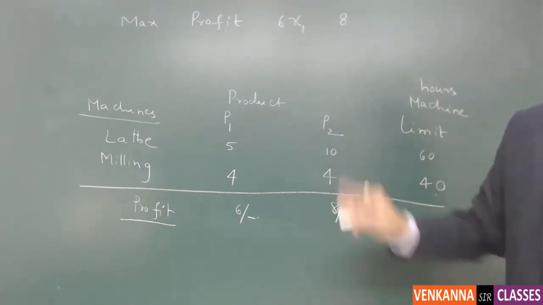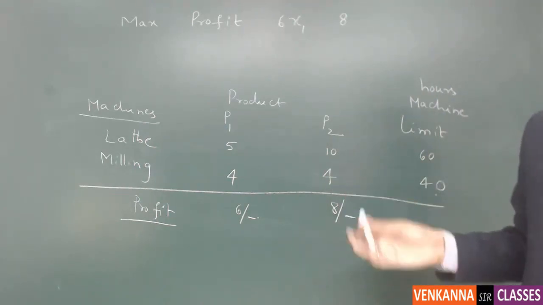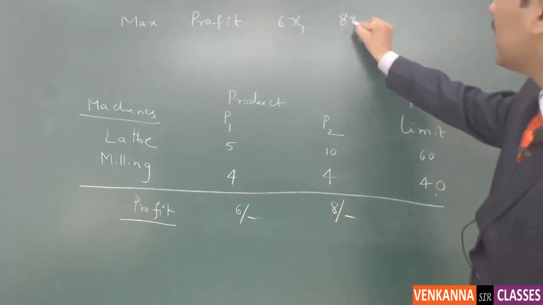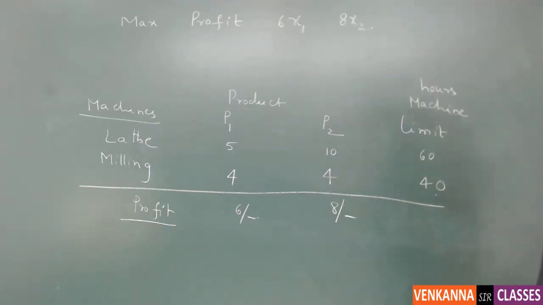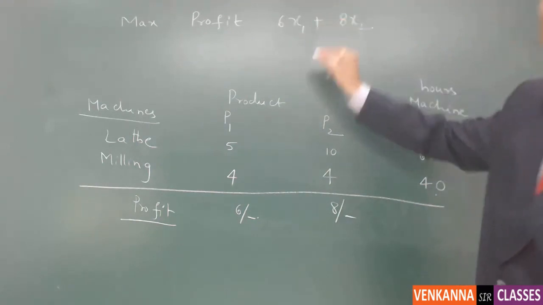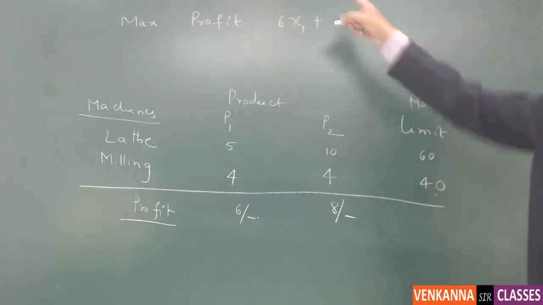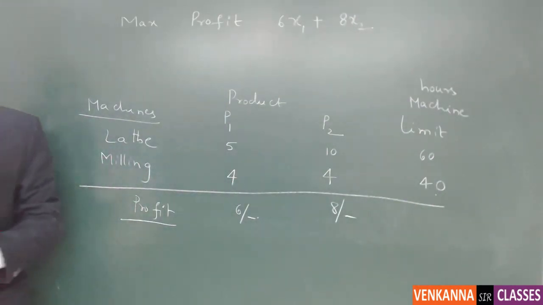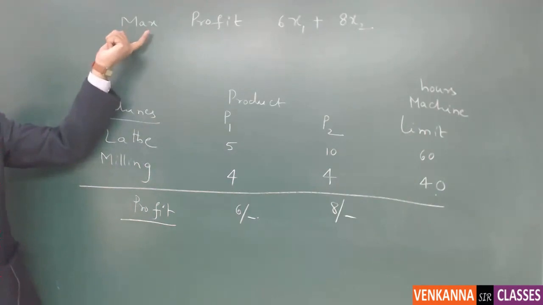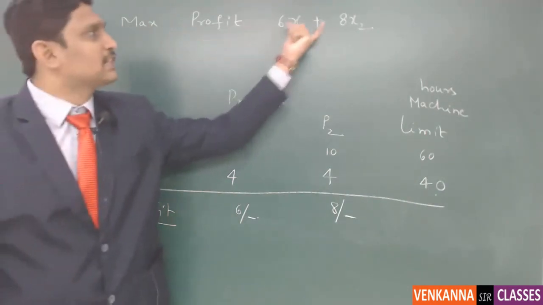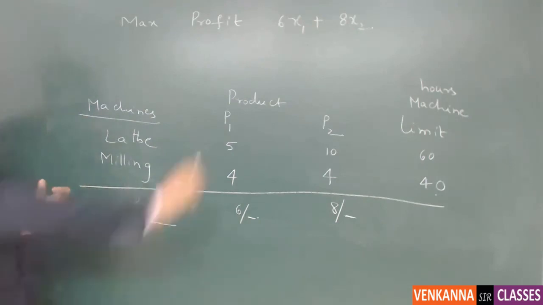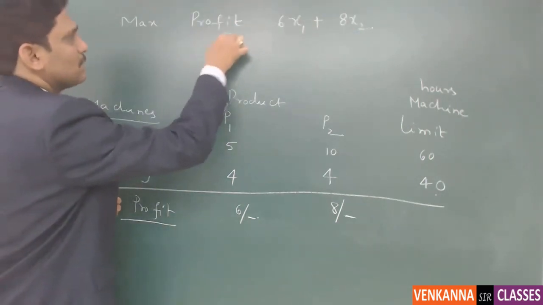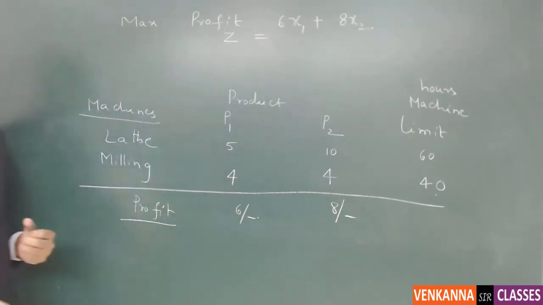Since I am manufacturing x2 units of P2, I will get 8x2 as profit. I am manufacturing both, so if I sum up these two values, this is my total profit. Accepted? So our objective is maximize profit 6x1 plus 8x2. Usually we write this as maximize Z = 6x1 + 8x2.